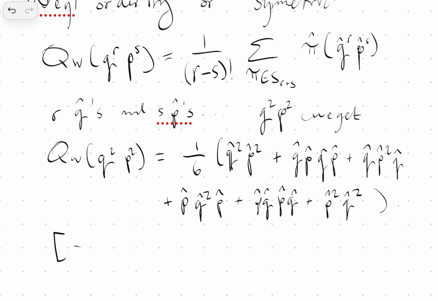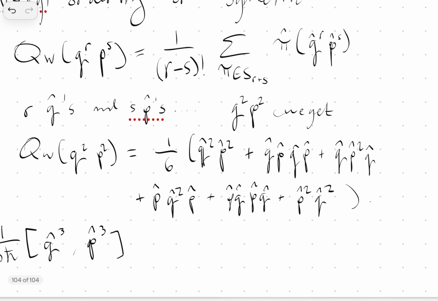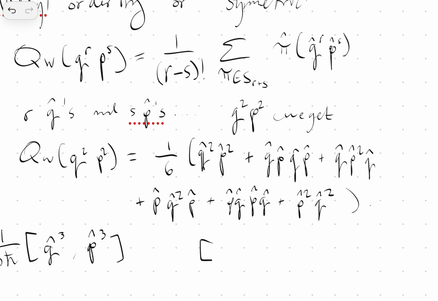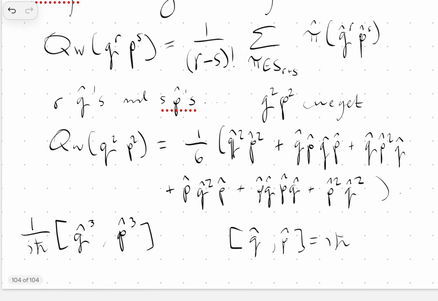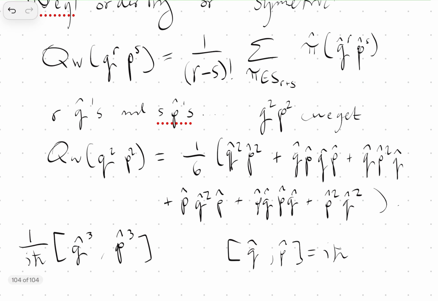Now, if we want to compute the commutator of P hat cubed and Q hat cubed, times 1 over h bar, using this canonical commutator, Q hat P hat is equivalent to i h bar, we can repeatedly commute the factors.